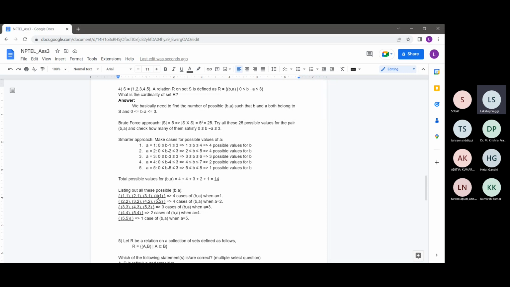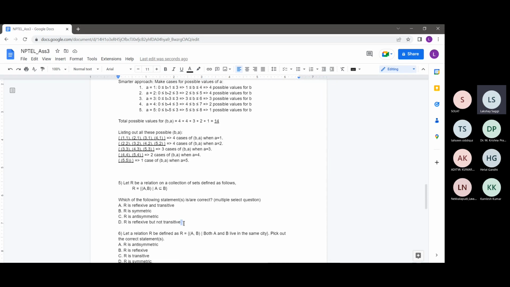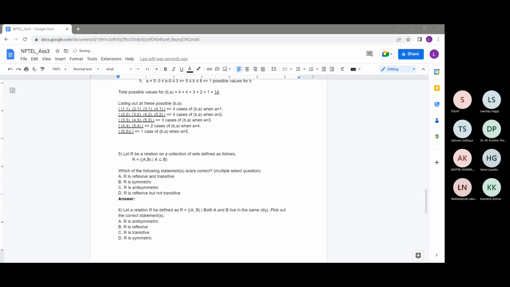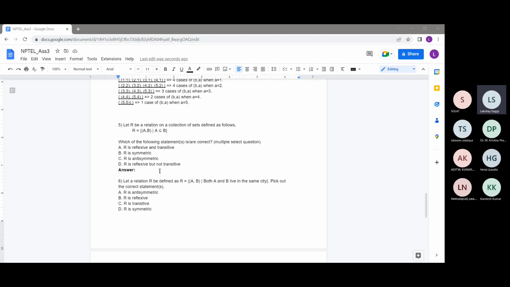Okay. So moving on to the next question, guys. The fifth question is basically saying that let R be a relation on a collection of sets defined as follows. So basically, here the relation R is defined over sets.